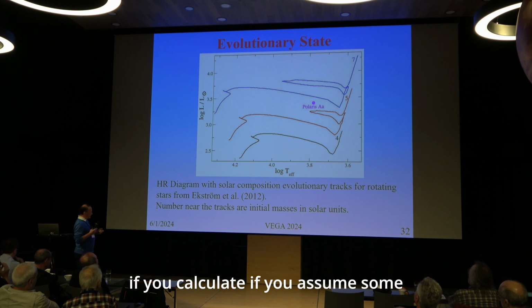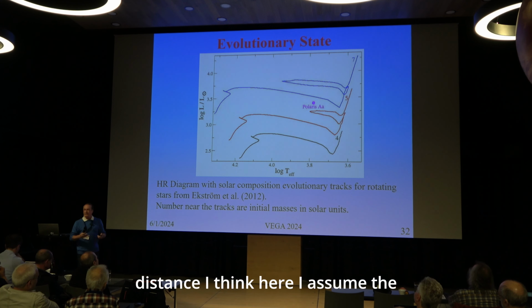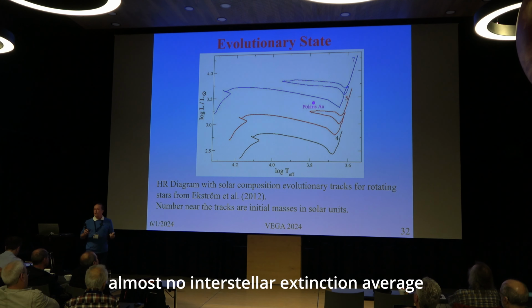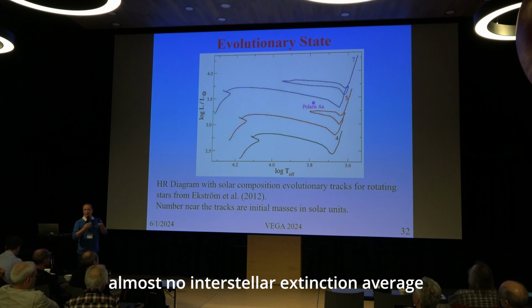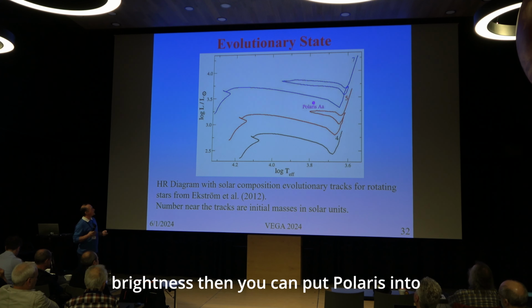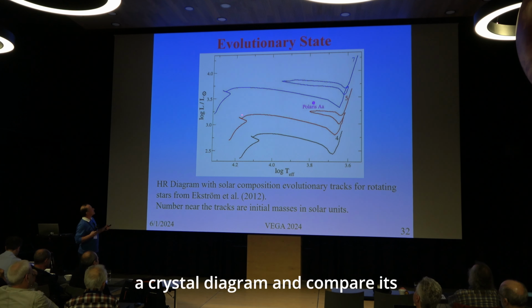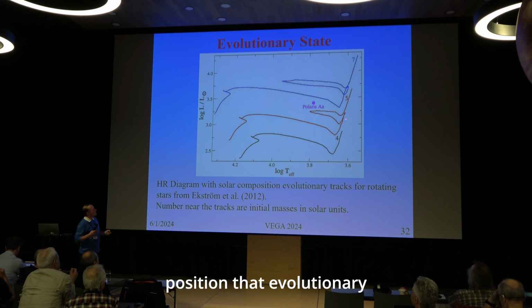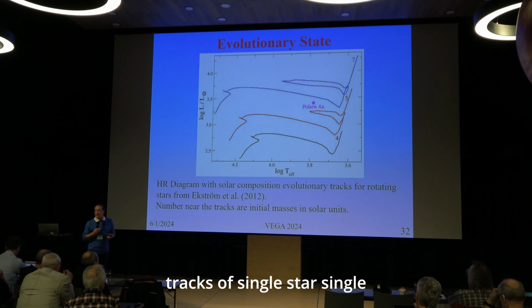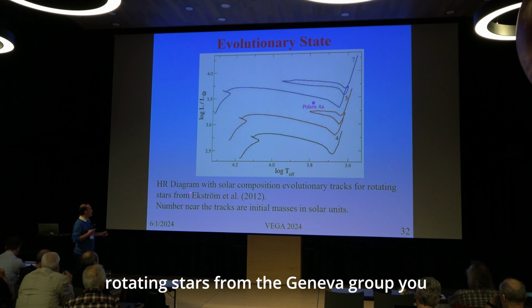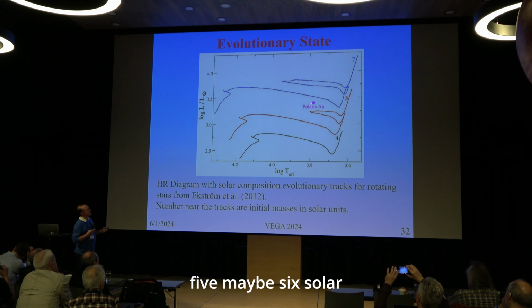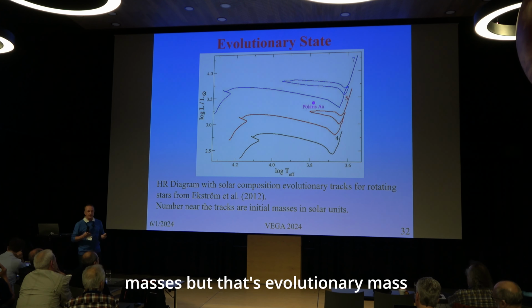If you assume some distance, here I assumed a distance of 100 parsecs, almost no interstellar extinction, and average brightness, then you can put Polaris in the Hertzsprung-Russell diagram and compare its position with evolutionary tracks of single rotating stars from the Geneva group. You see that the mass of Polaris is about 5, maybe 6 solar masses, but that's the evolutionary mass.